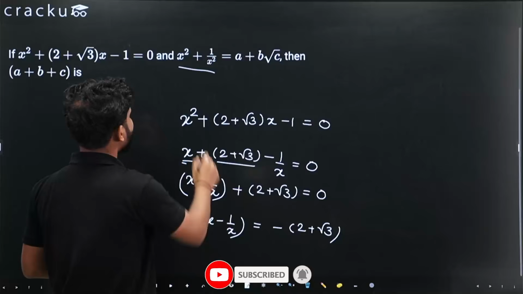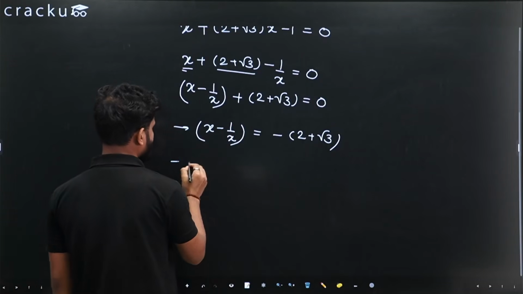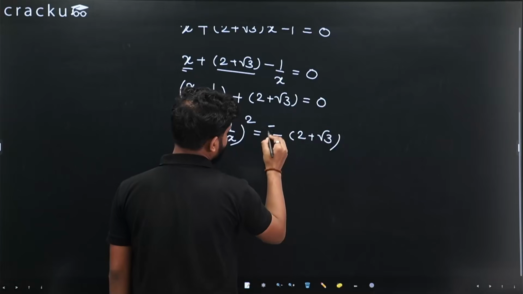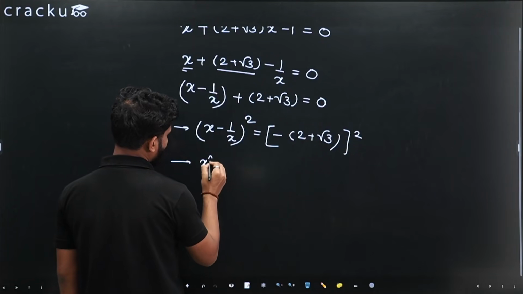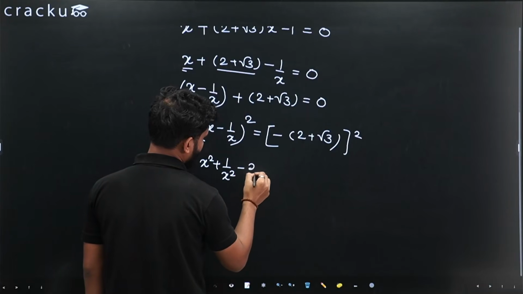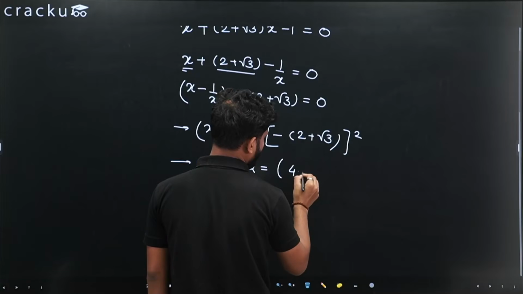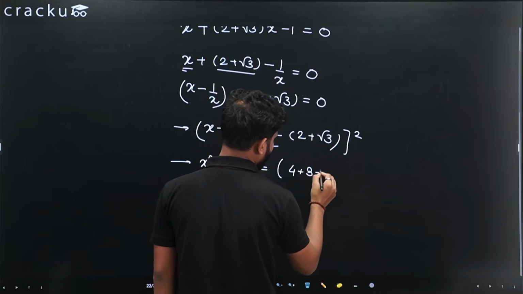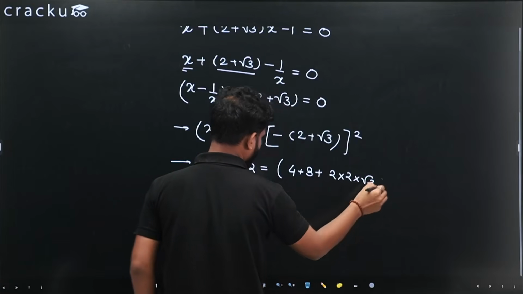Now to get x square plus 1 by x square, I will square both the sides. So let us square both the sides. What it will be? It will be x square plus 1 by x square minus 2 is equal to 2 square which is 4, root 3 square which is 3, plus 2 into 2 into root 3, right?